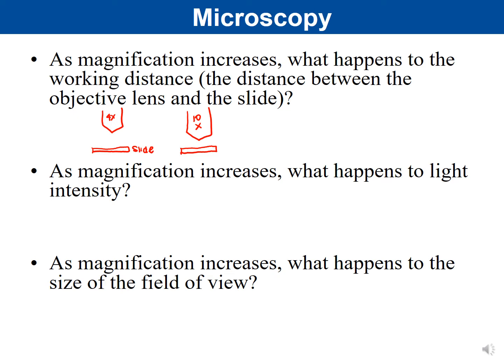And so my 10x objective is going to be a larger lens. So what happens to the working distance, the distance between the slide and the lens, as we go up in magnification? And that is that you get a decrease in the working distance. Because larger lens. Right? So notice that your slide is now much closer to that lens.